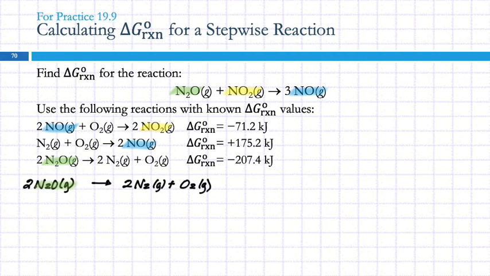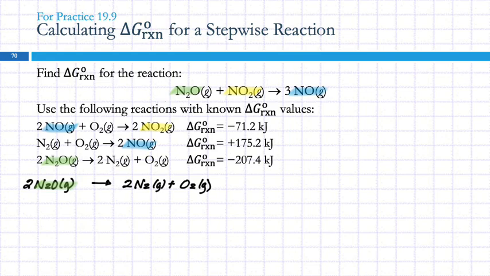And I'm going to highlight that to just remind myself of what's going on. Does this have the same coefficient as in our final reaction? No, it doesn't, right? So let's fix that.